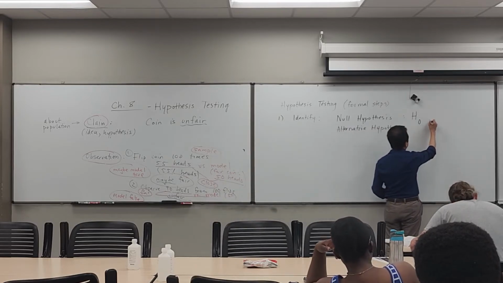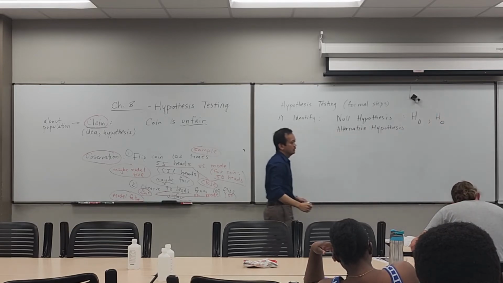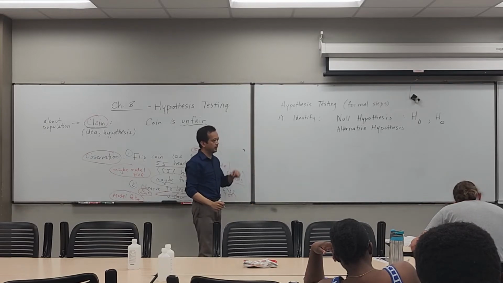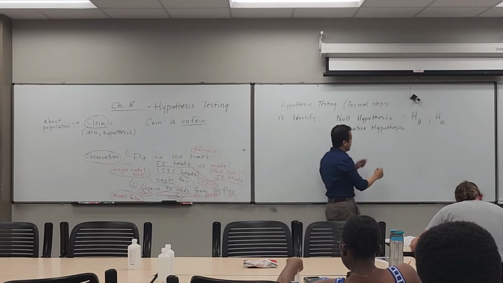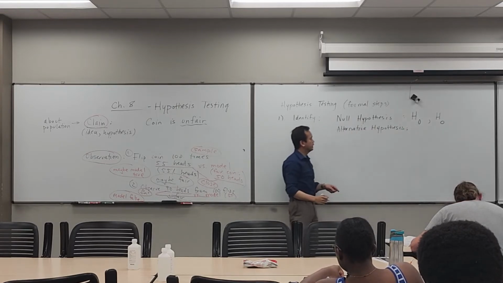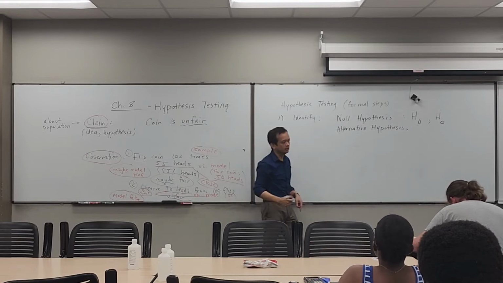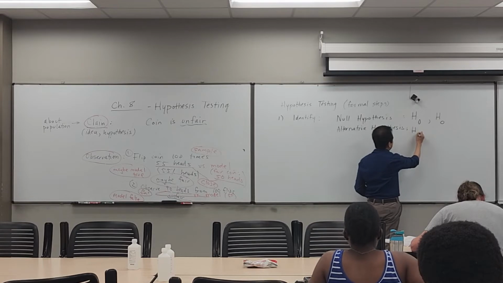Or it can be abbreviated as capital H with a right subscript of O. So one is a 0, one is an O. But either one denotes the same idea, null hypothesis. And we'll talk about what that means in a little bit, but right now we'll just talk about the mathematical symbols.